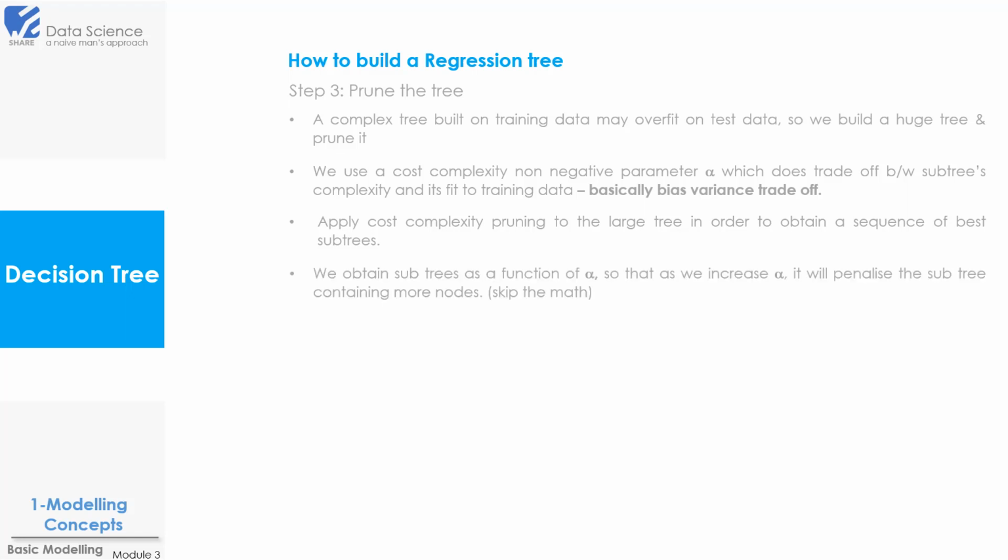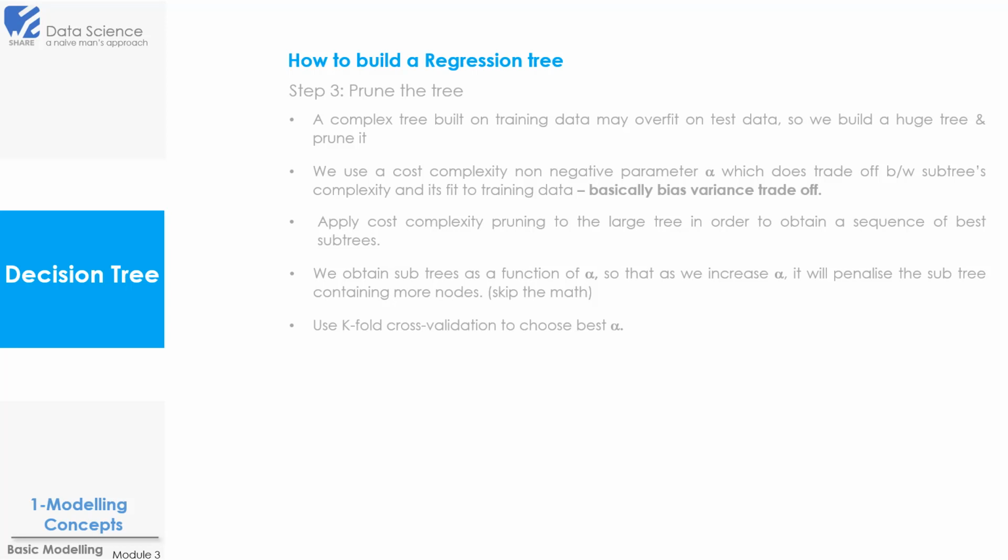Then we obtain subtrees as a function of alpha, so that as we increase alpha, it will penalize the subtree containing more nodes. Now you can just skip the math and understand the process. We will not be doing this manually anyways, and R will be taking care of all this, but I'm just giving you the background, how things are working in the background.